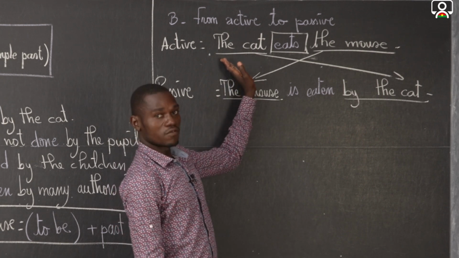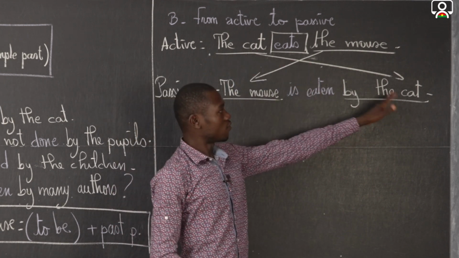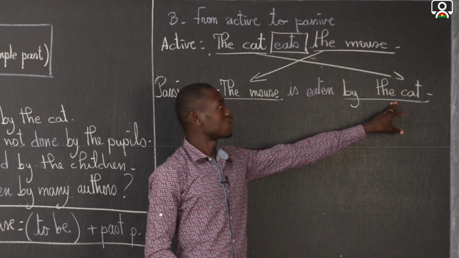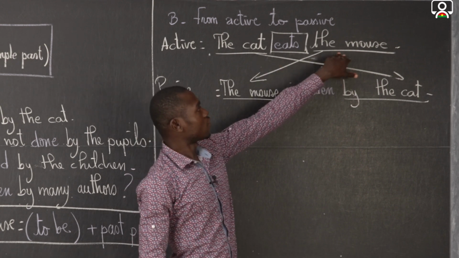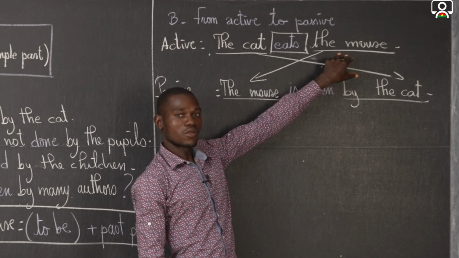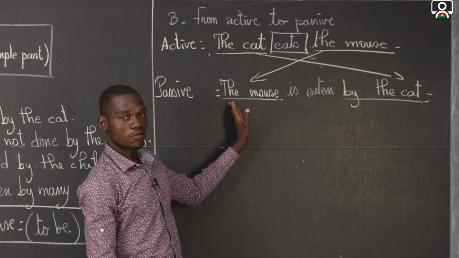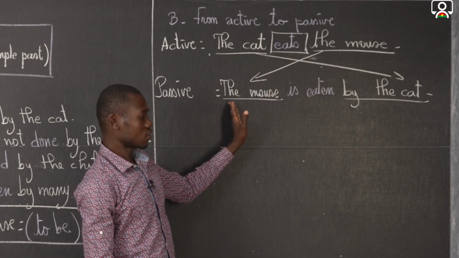The subject in the active becomes the agent. The agent, le complément d'agent. And the direct object, complément d'objet direct, becomes the subject in the passive sentence.